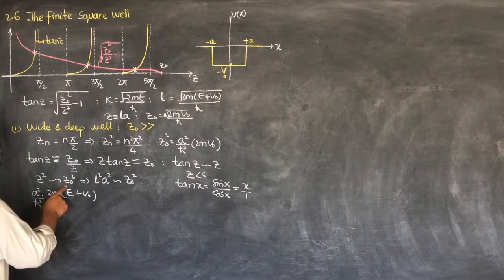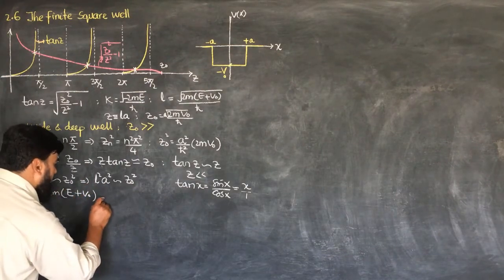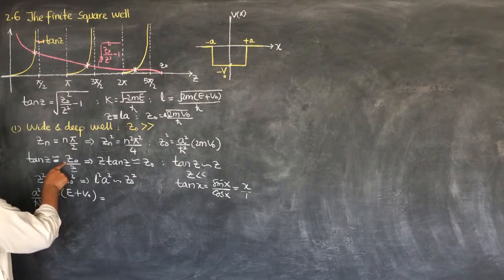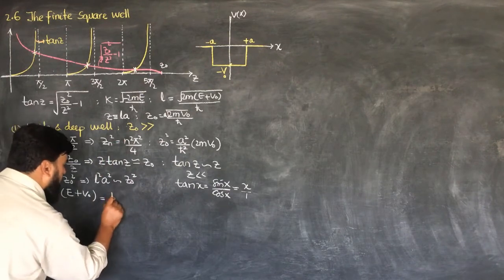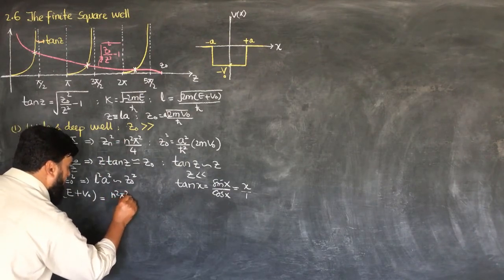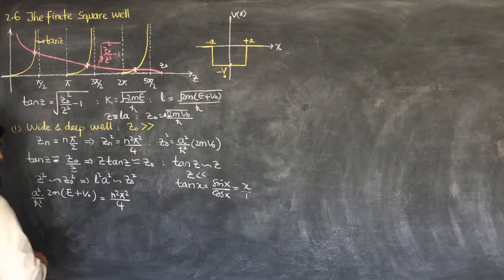This is the value of L squared, and this a squared is equal to z naught, and the z naught value from here is n squared pi squared over 4.